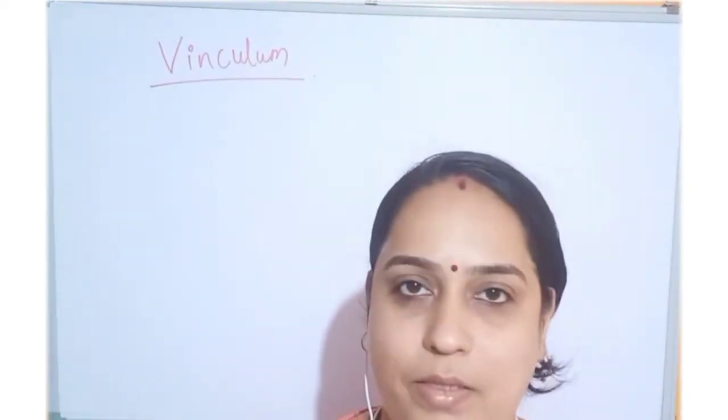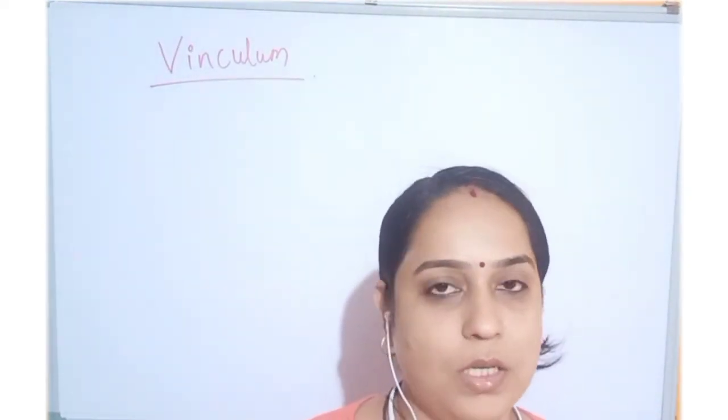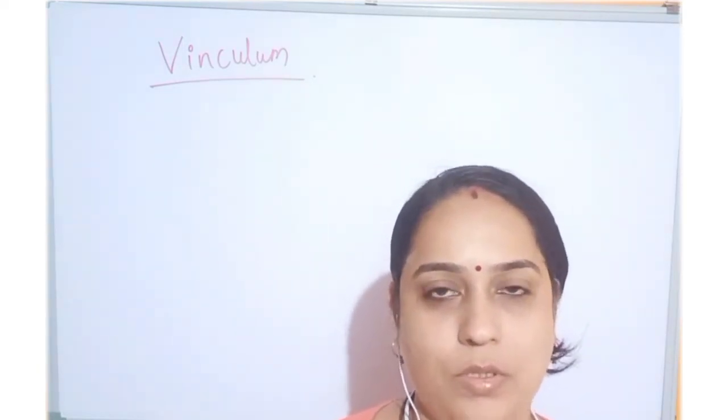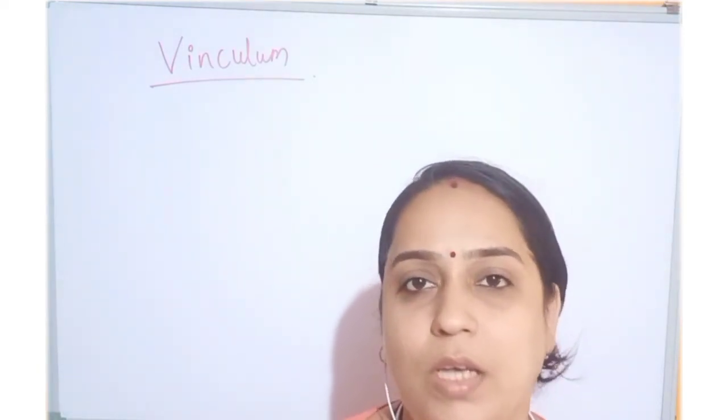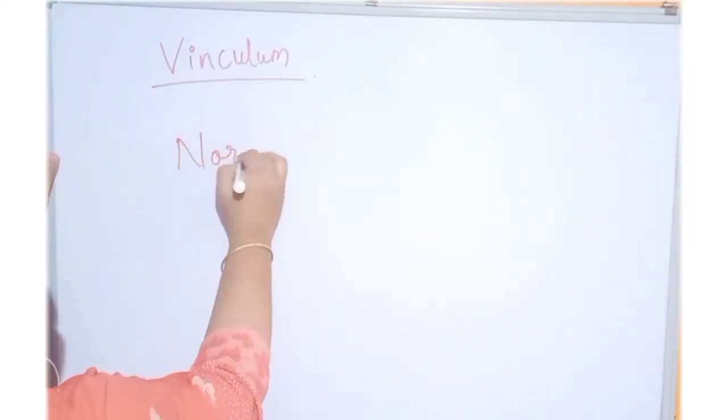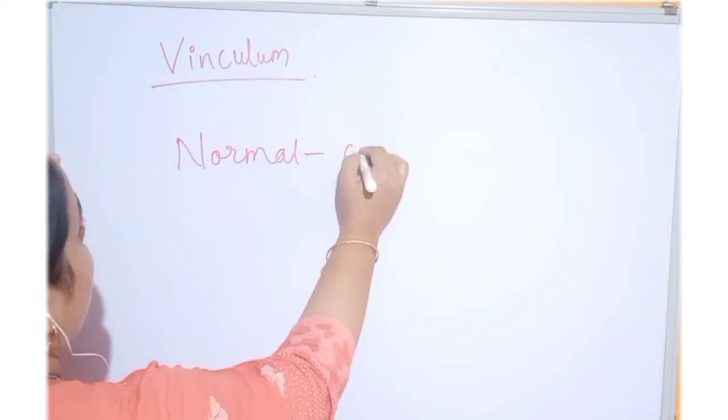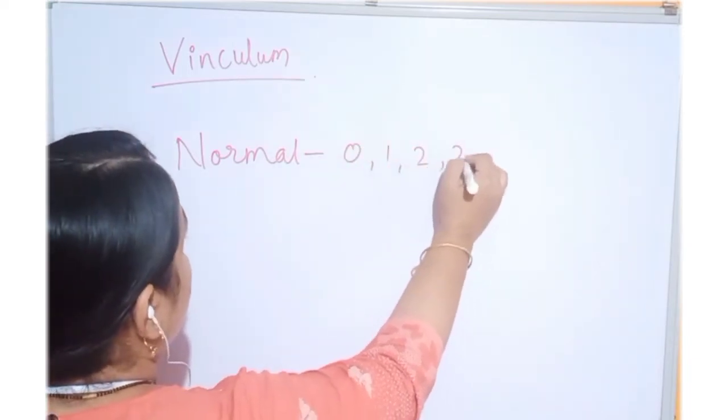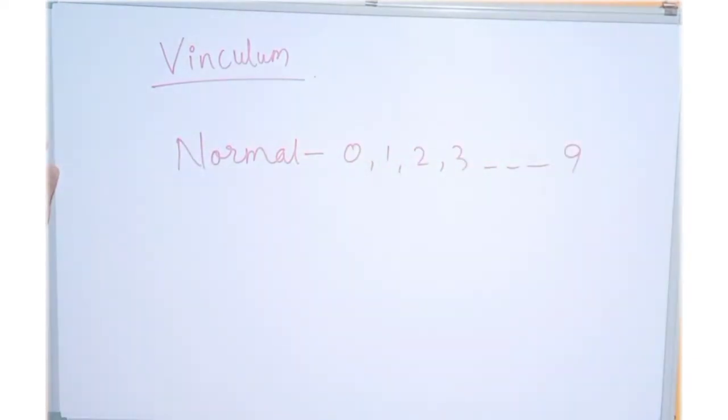Now, what is vinculum? First, we have to understand that. Vinculum numbers are nothing but imaginary numbers. In normal maths, we have the numbers 0, 1, 2, 3, till 9, correct?